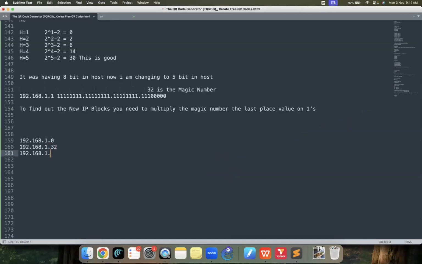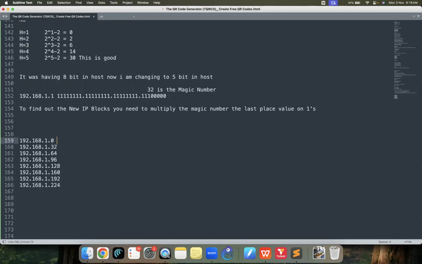Just increment the IP block by 32: 64, 96, 128, 160, 192, 224. That's it. I'm just adding 32 to the last number. This is the first IP of that network.